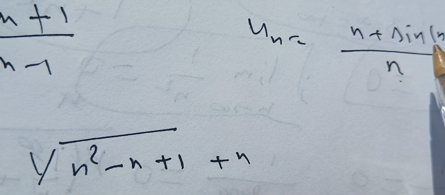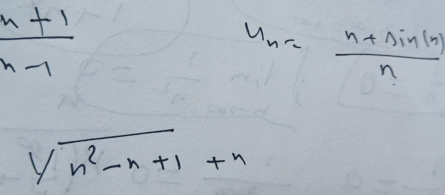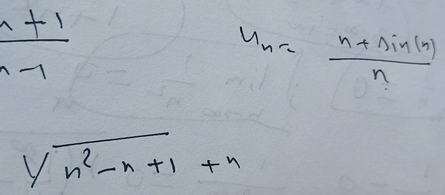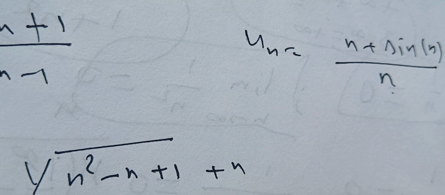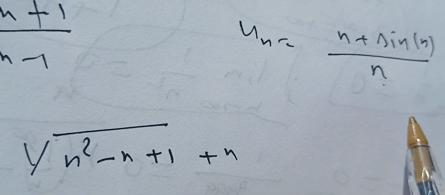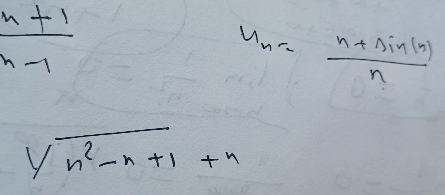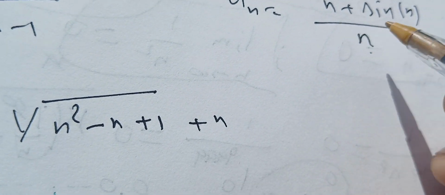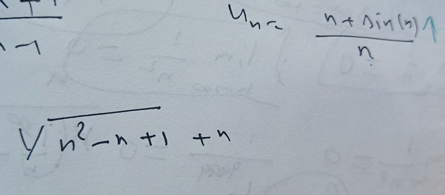If n gets bigger, if we add or subtract 1 from a big number and divide by n, it's like we did nothing, it's the same number. So we can get a feeling of the limit here: it's like n over n, which is 1. So the limit here, as n goes to infinity, is 1.